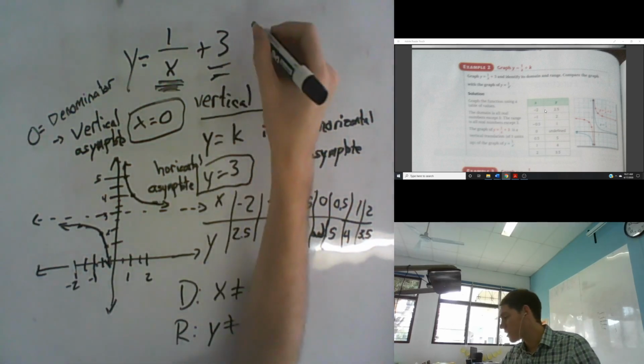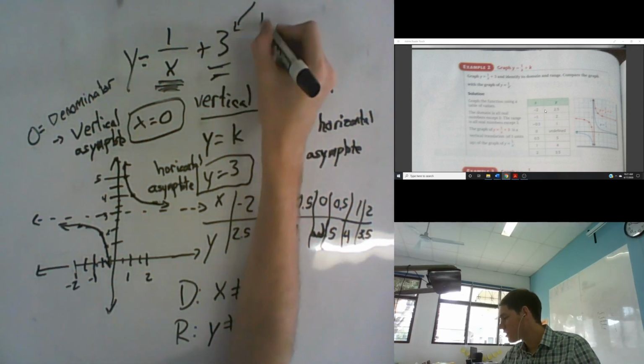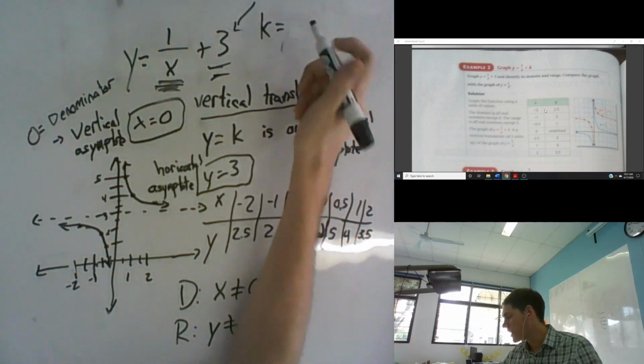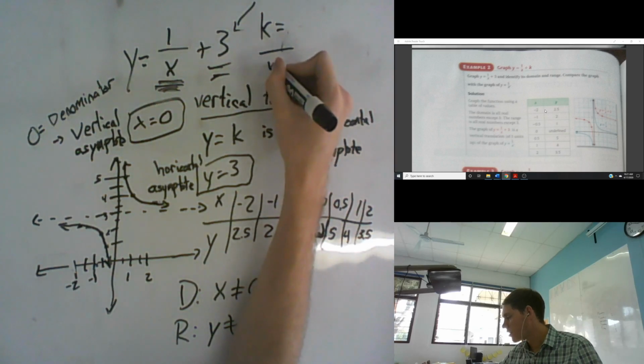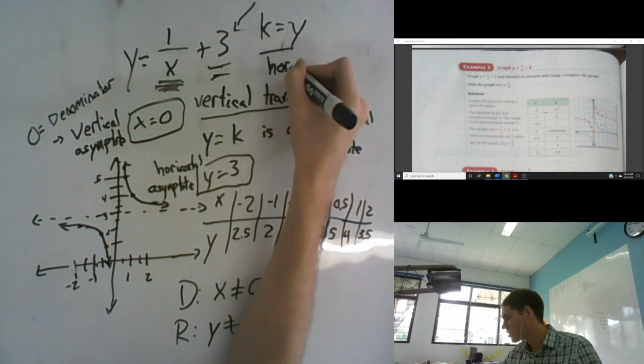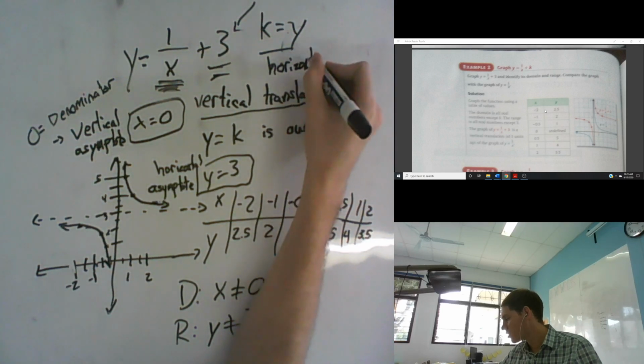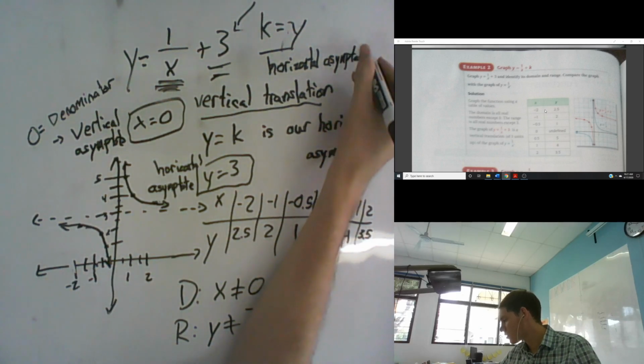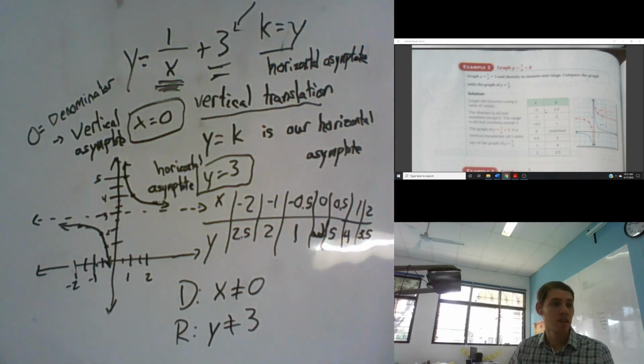So if we have some number k here, y equals k is our horizontal asymptote. Okay? Let's do a practice problem.